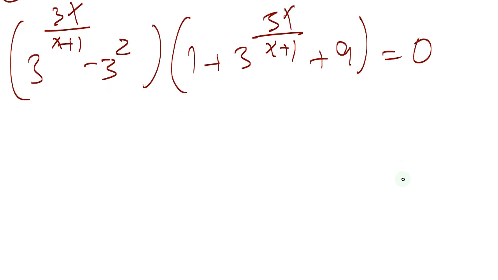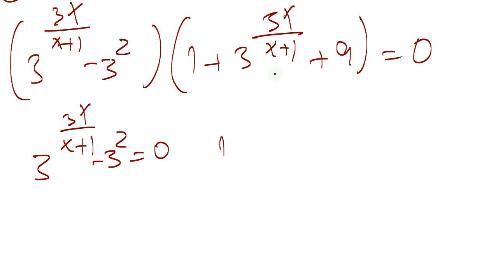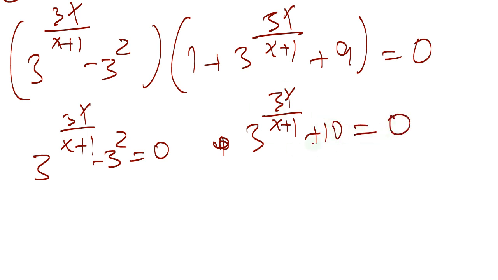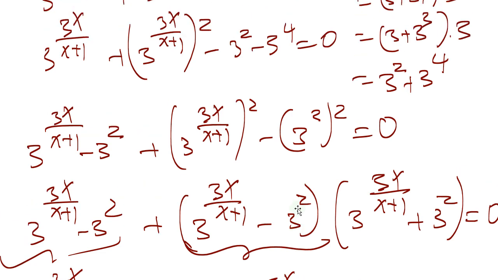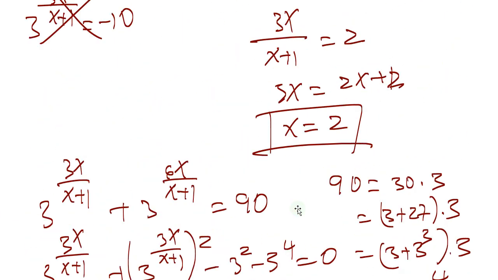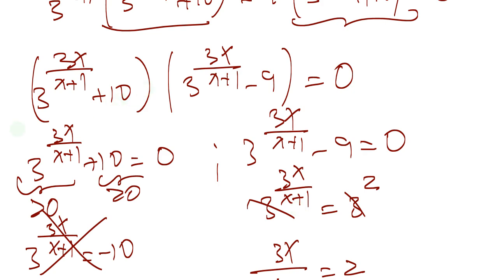Okay, so from here we have that 3 to the 3x over x plus 1 minus 3 squared equals 0, and here we're going to have not 1, but 3 to the 3x over x plus 1 plus 10 equals 0. We already had this discussion before, because this is the same thing. You see that these two are the same ones we got here. Just the same product.